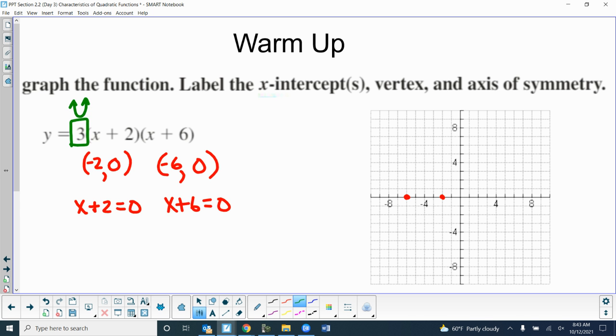So if we know the two x-intercepts, we can figure out the axis of symmetry because we know our parabola is symmetrical, right? So that axis of symmetry has to be halfway between those two x-intercepts, right? So what is halfway between those two?